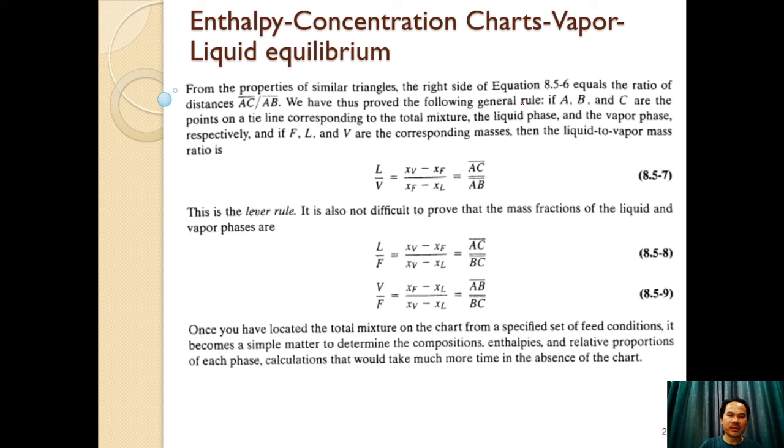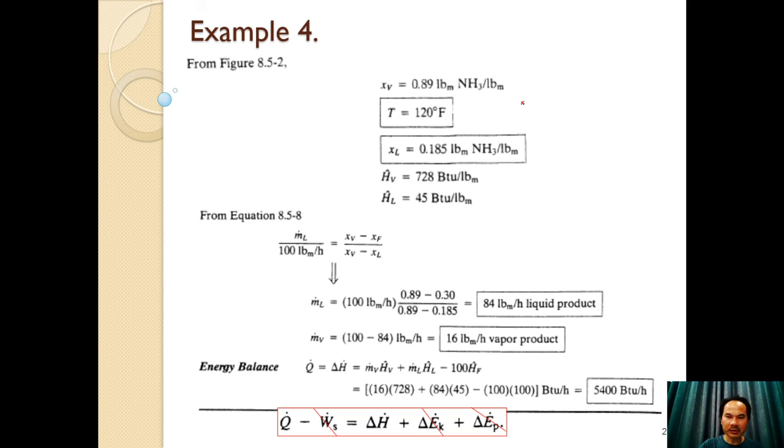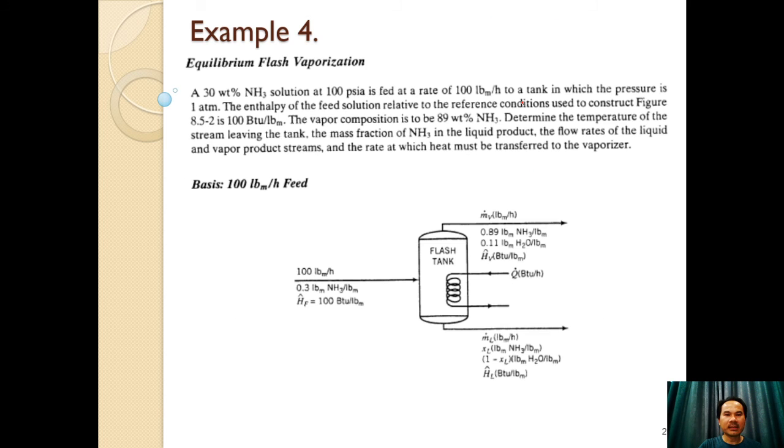For this case, if you know the diagram, and you don't know XV or XF, you can determine L over V by the distance. Okay. For this example, we talk about the equilibrium vaporization. We have a 30% weight ammonia solution at 100 psi.